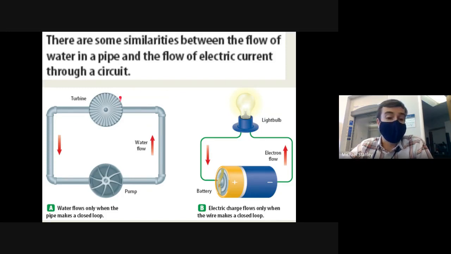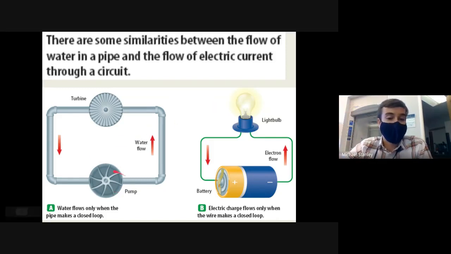We usually have something that our water is flowing through, either a turbine, if it's an electric generator, or coming out of your sink and down into your drain. In electricity, we pass through things like light bulbs and circuits.